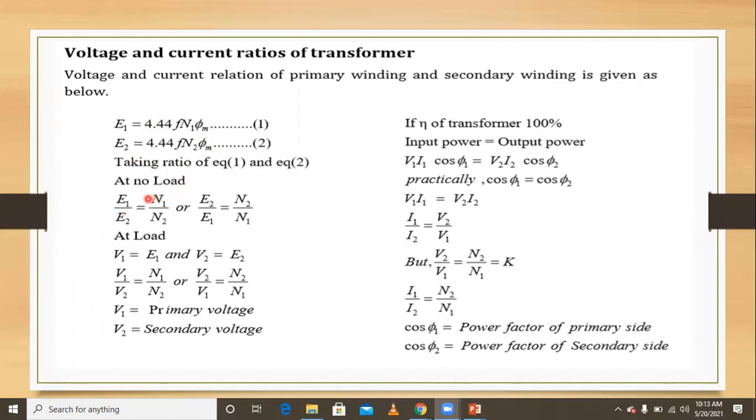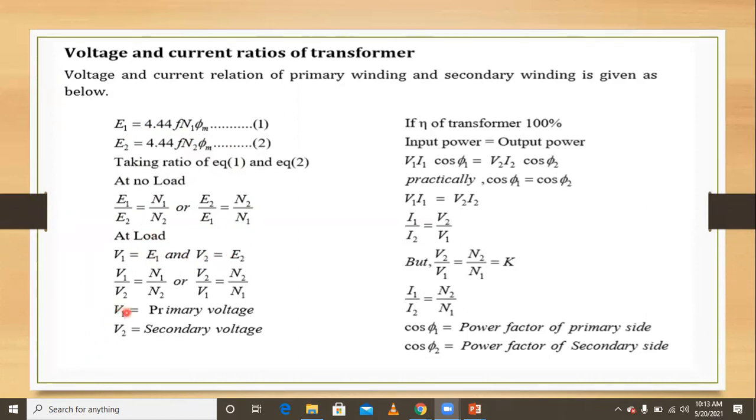Only N1 and N2 change here. That's why E1 by E2 is equal to N1 by N2, or E2 by E1 is equal to N2 by N1. Understood?